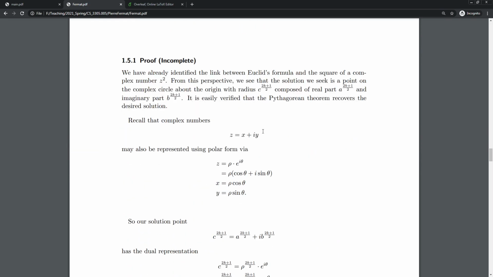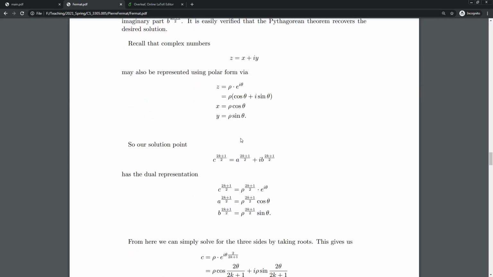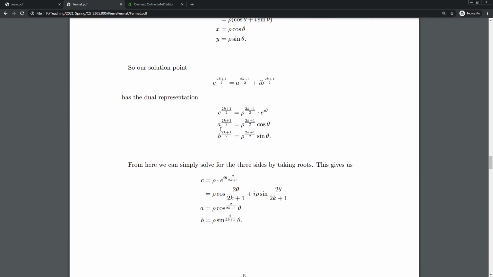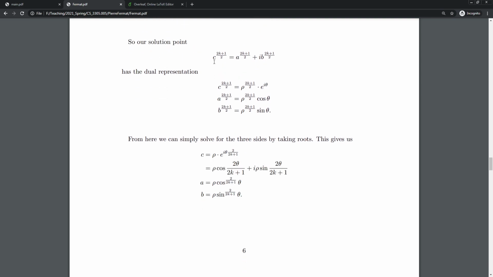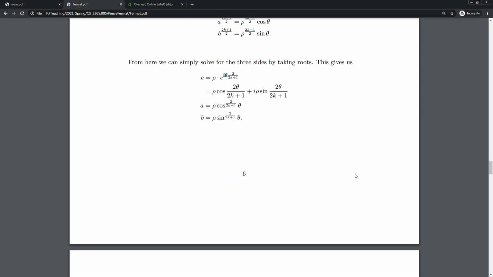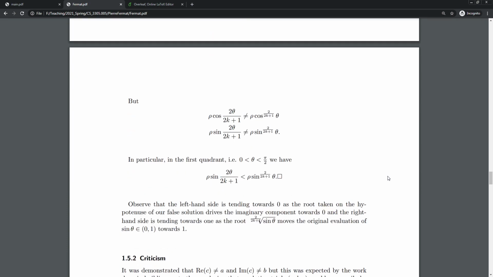Well, we showed that x and y, or rather whenever we solve for a and b individually, we end up with values that are larger than the real and imaginary components of c whenever we take the root of c, and presumably theta here is on some branch larger than the principal branch. You can kind of make it to where it lands on some nearly equilateral triangle.